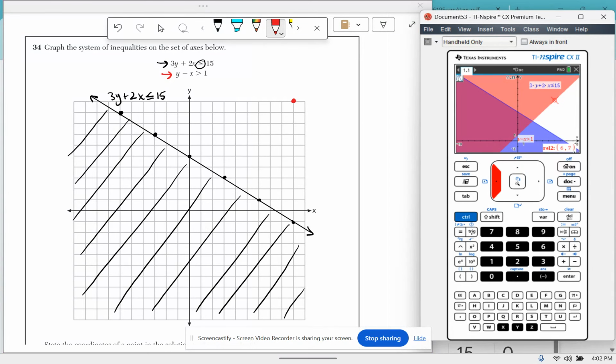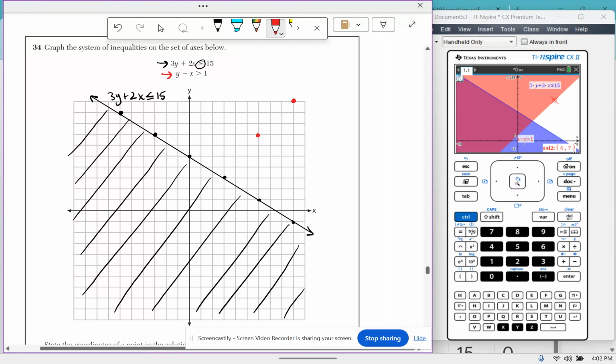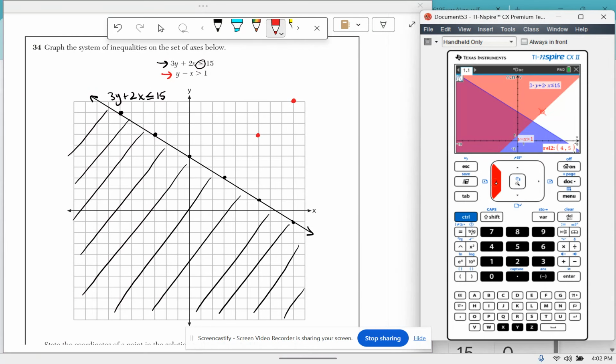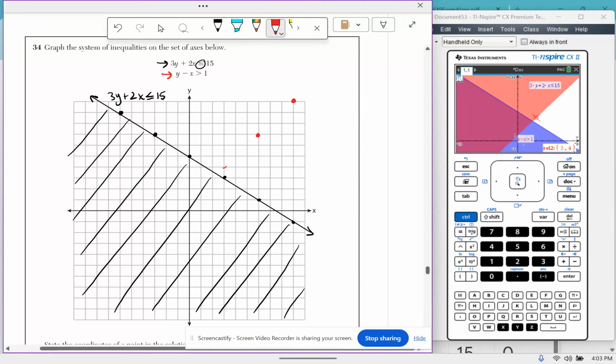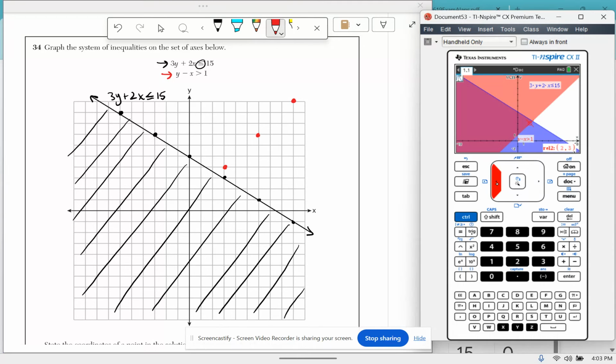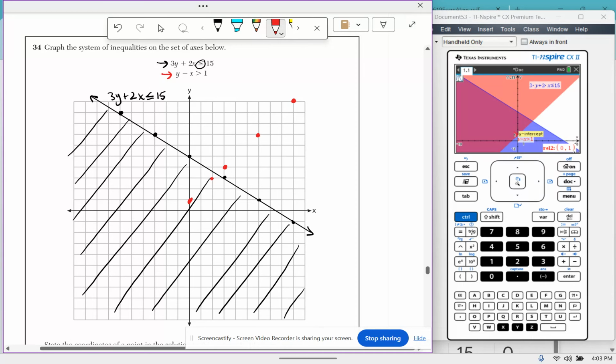Then I have 6, 7, oh, your favorite. It's okay that they don't cross at a nice point. I feel like that would bother you.